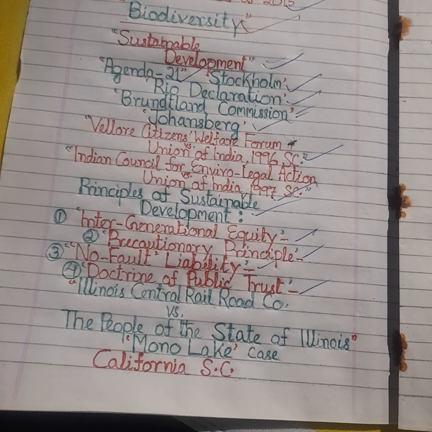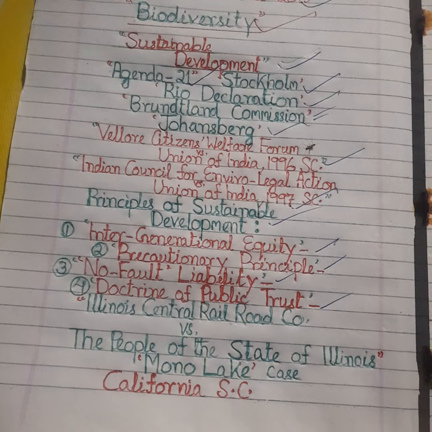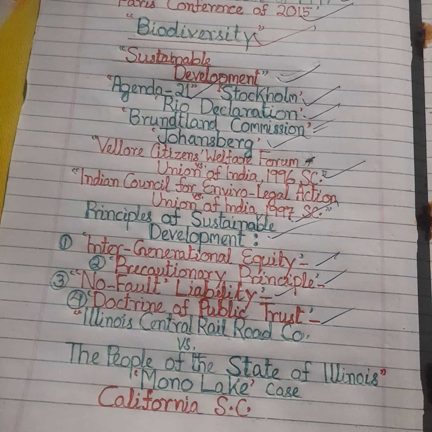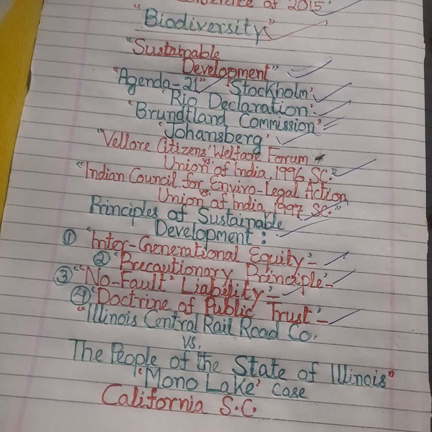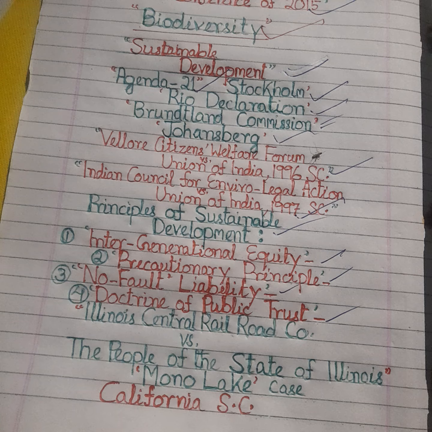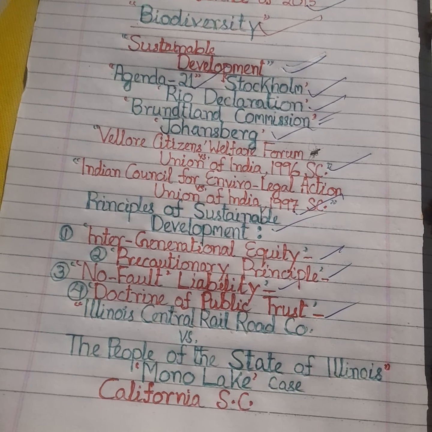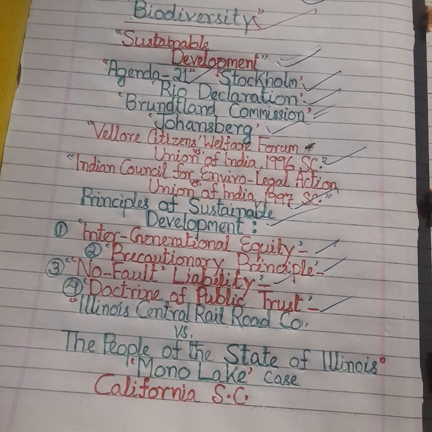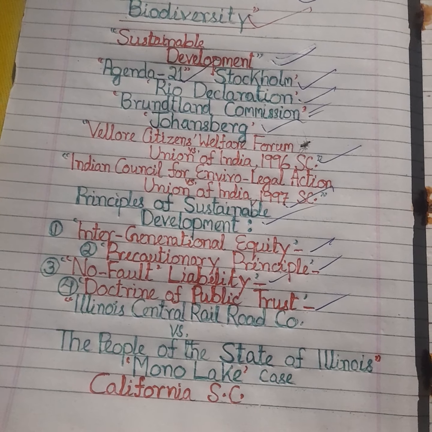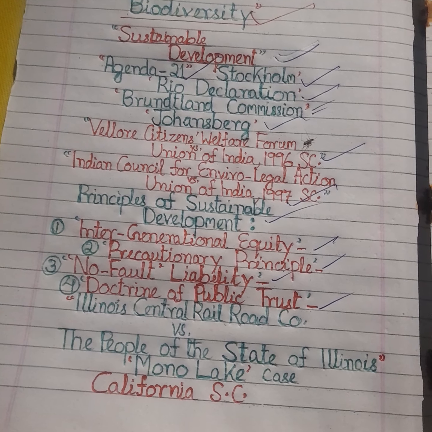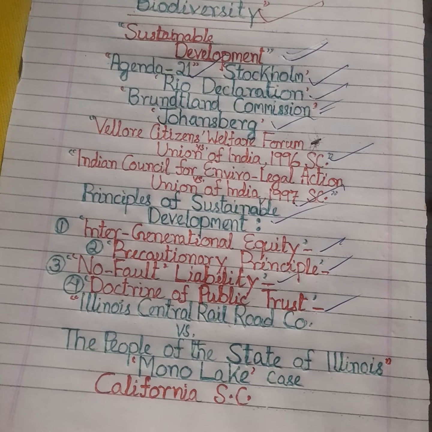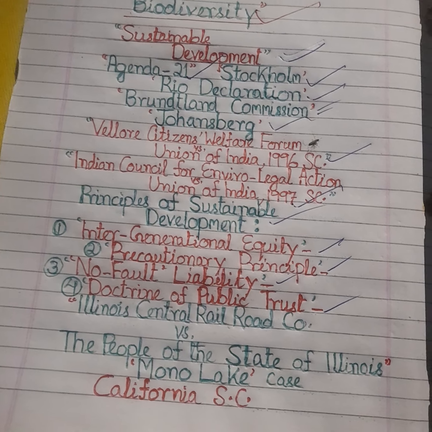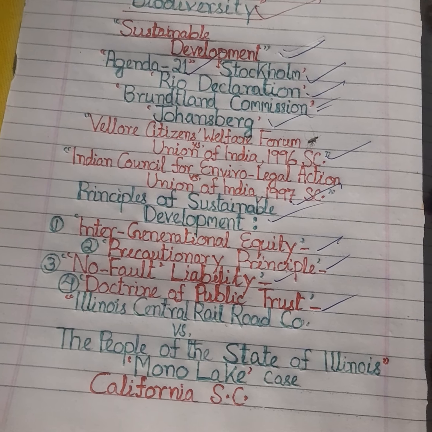Among these number of cases, one single most important case was the Bhopal gas leak disaster case of 1989, where the Supreme Court not only applied the polluter pays principle to the Union Carbide of India Limited, but also evolved the principle of absolute liability, under which the state also bears the responsibility of sharing compensation equally with the polluter.